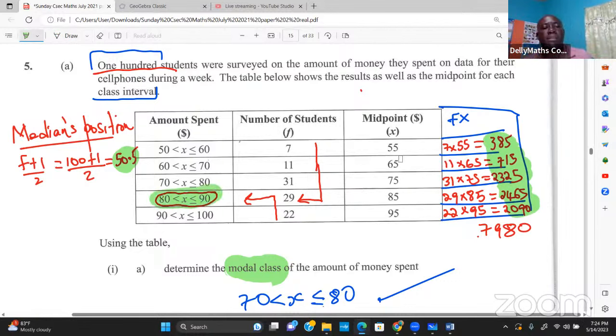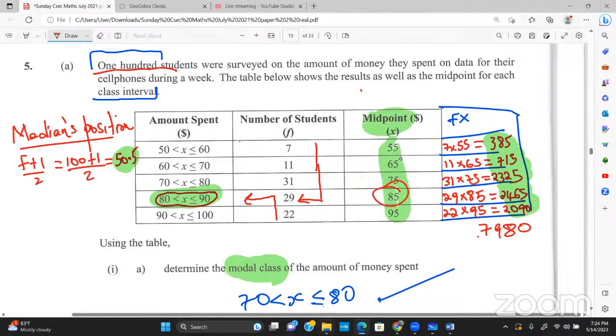Now, do remember this: whenever you have grouped data, like the intervals, there is a representative, which is the midpoint. These are the representatives for each. What number is representing this class where x is less than or equal to 90 but greater than 80? 85.